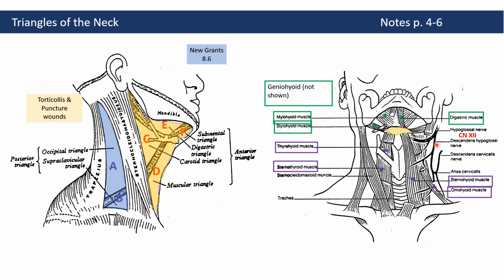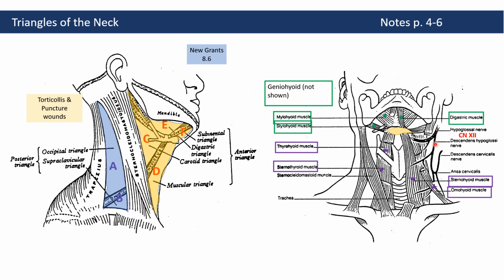So the descendens hypoglossi is the portion of the ansa cervicalis that descends with the hypoglossal nerve, which is shown here. The hypoglossal nerve is cranial nerve 12, and it goes on to innervate the intrinsic and extrinsic muscles of the tongue. The portions of the ansa cervicalis, however, are not part of the hypoglossal nerve.